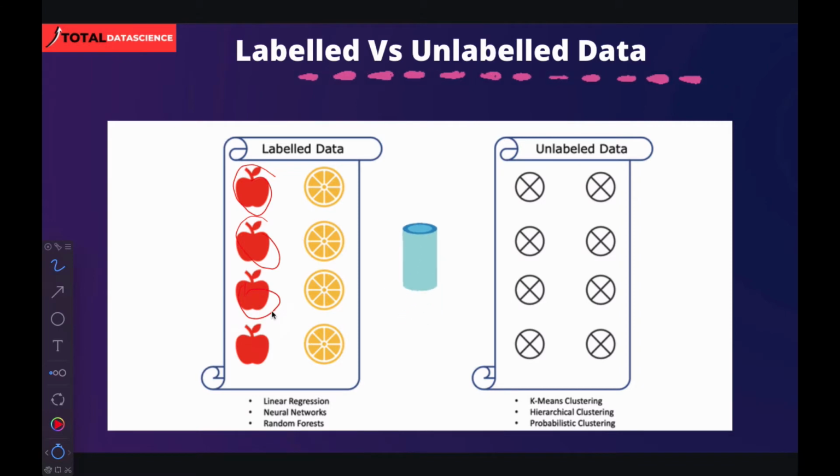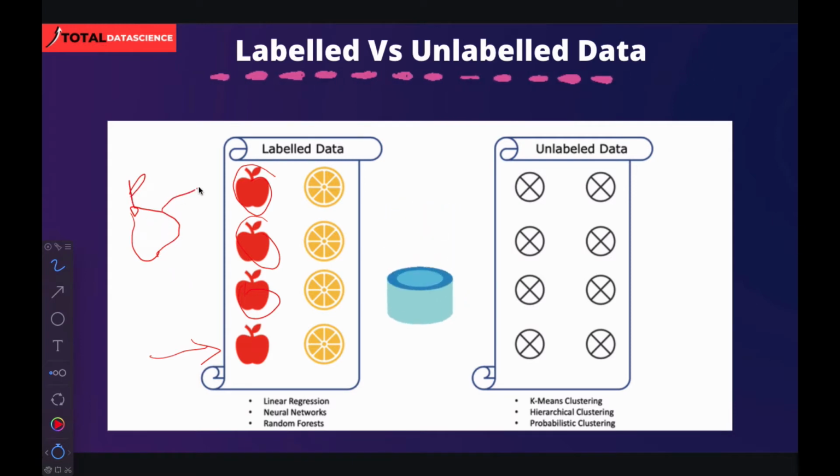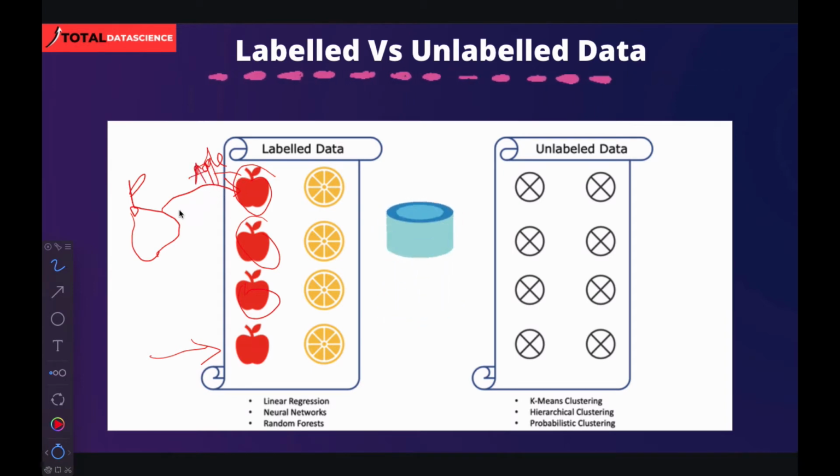Then a new shape comes in. If later on a new shape comes in that looks something like that, our machine will say, oh, this looks like something I have learned before, that I labeled as apple.